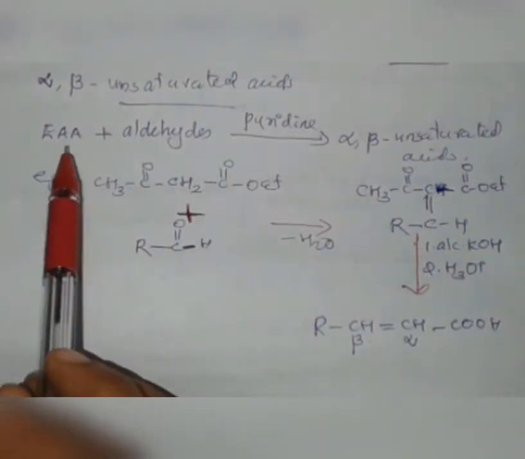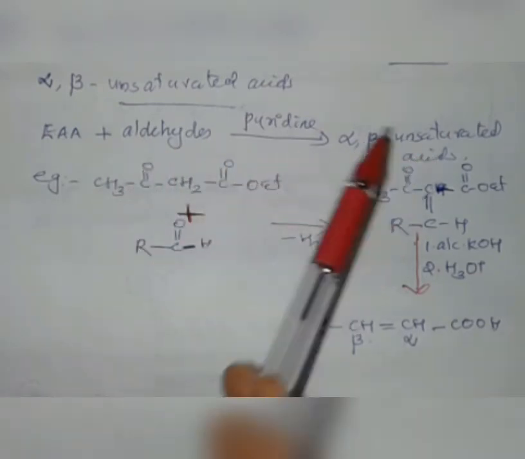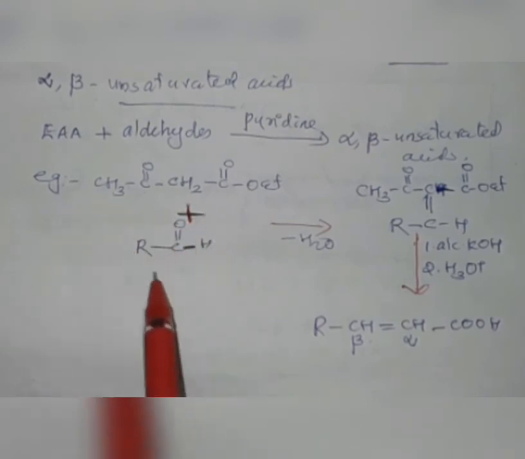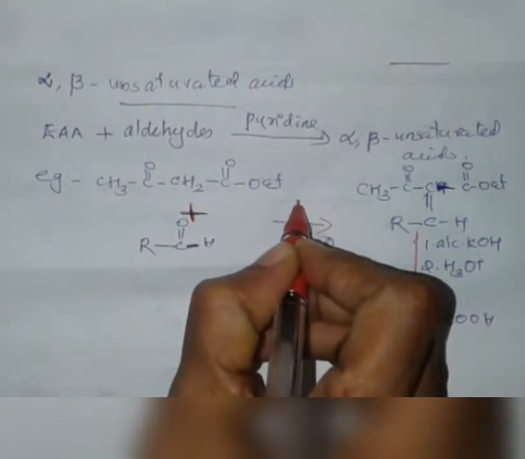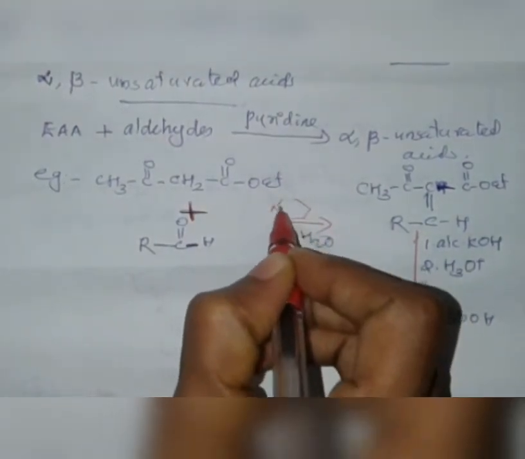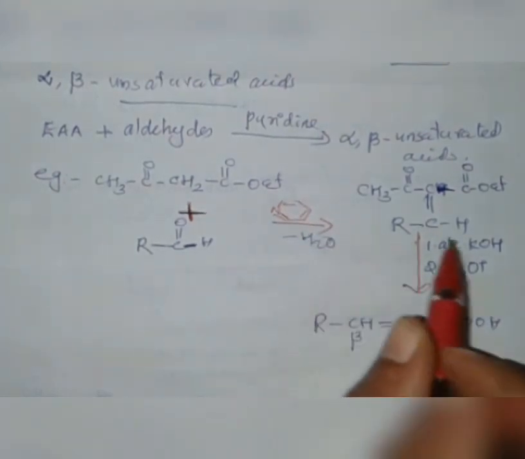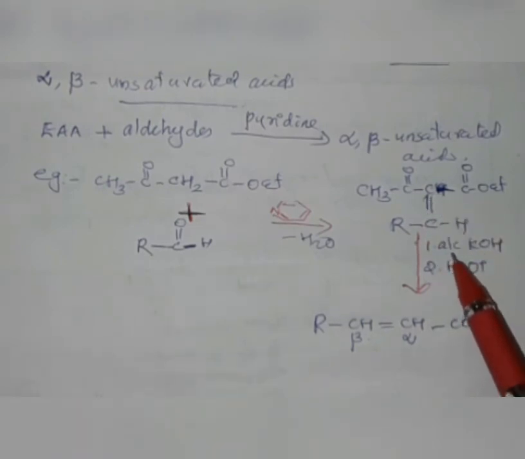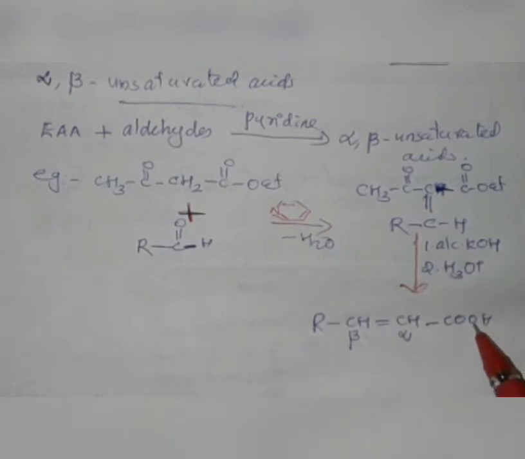Here EAA is reactive with aldehyde. In the presence of pyridine, we can get alpha beta unsaturated acid. For example, EAA reacts with an aldehyde in the presence of pyridine. It eliminates a molecule of water and gives this product, which on alcoholic hydrolysis followed by acid hydrolysis, we can get alpha beta unsaturated acid.